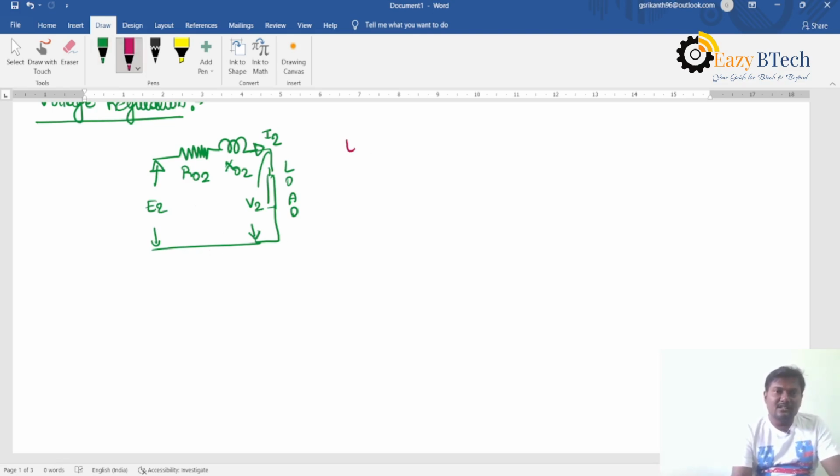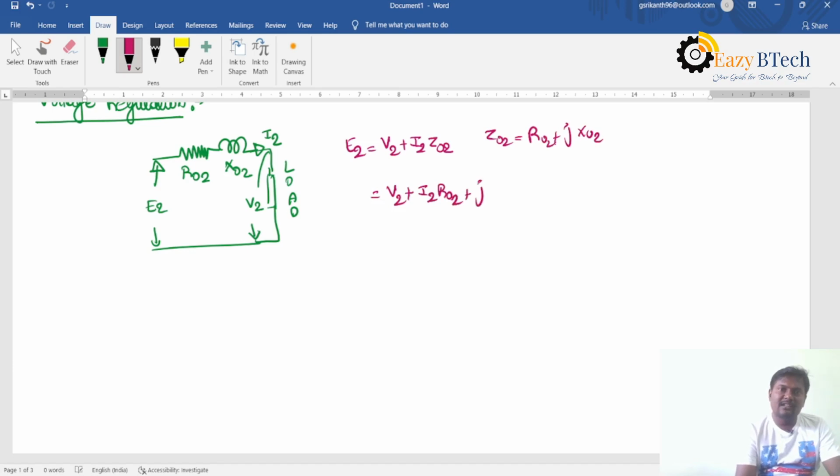And we can write E2 is equal to V2 plus I2 into Z02, where Z02 is equal to R02 plus j X02. So E2 equals V2 plus I2 R02 plus j I2 X02.